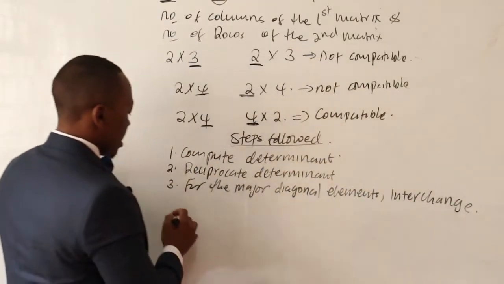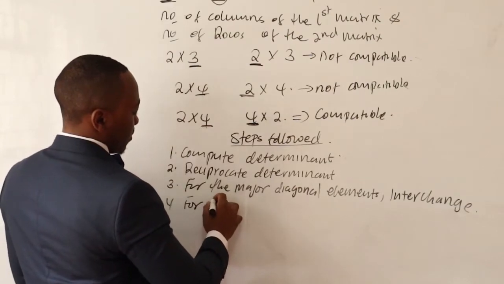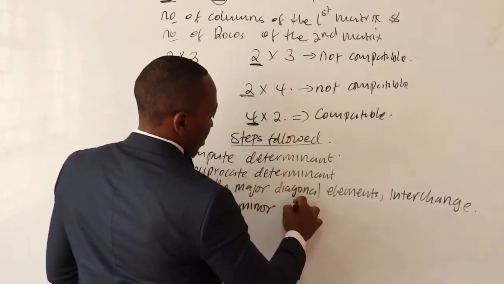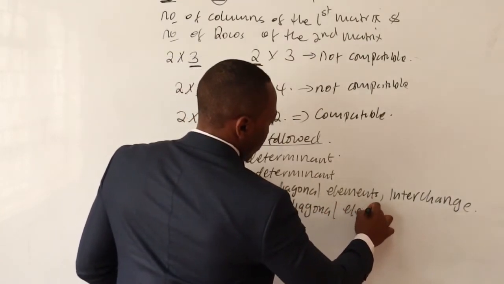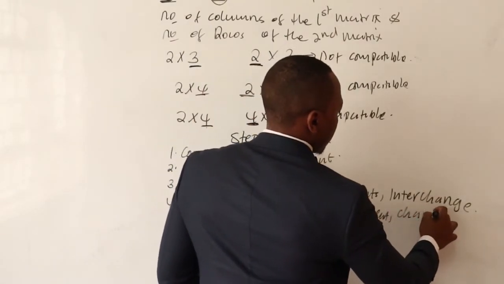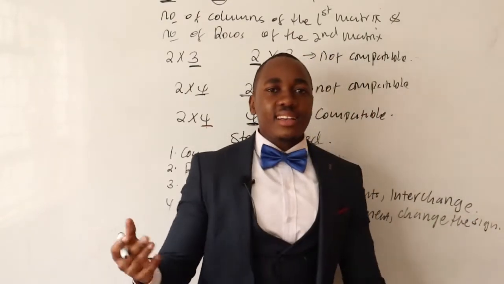And lastly, for the minor diagonal elements, you change the sign. As simple as that.